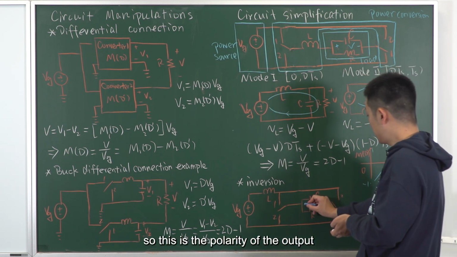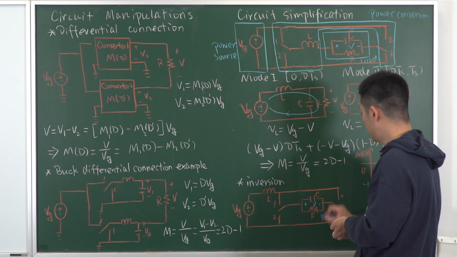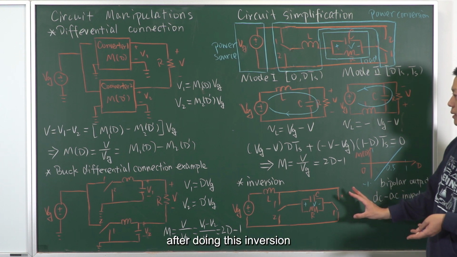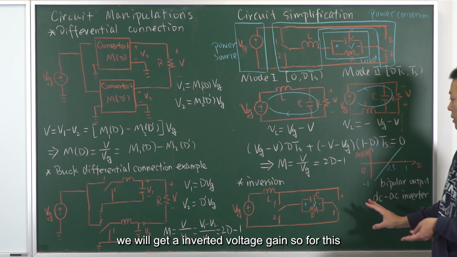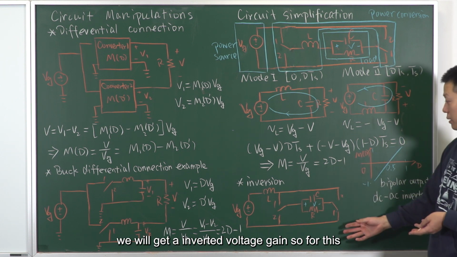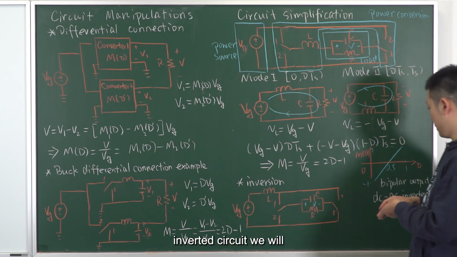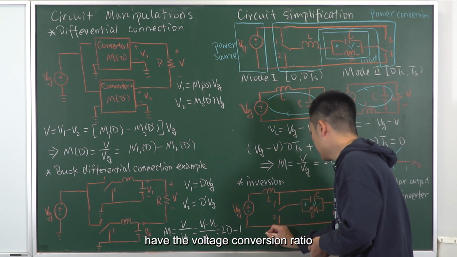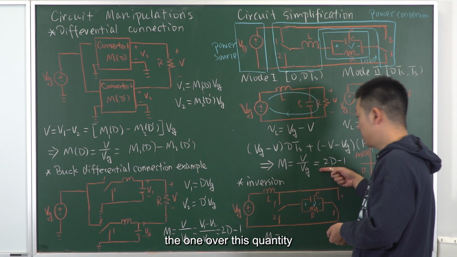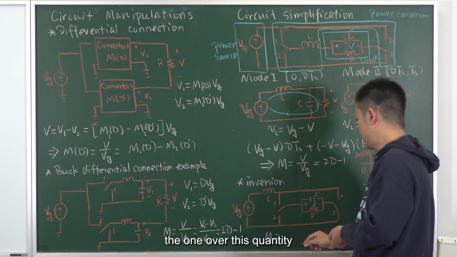So this is the polarity of the output. So after doing this inversion, we will get an inverted voltage gain. So for this inverted circuit, we will have the voltage conversion ratio equal to 1 over this quantity.